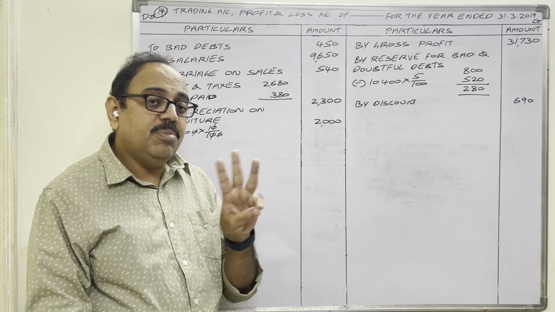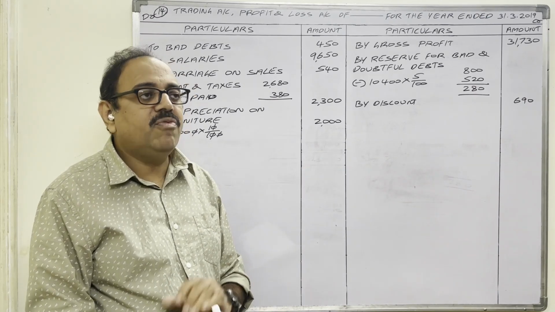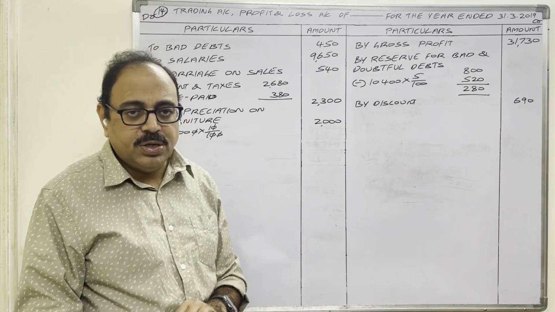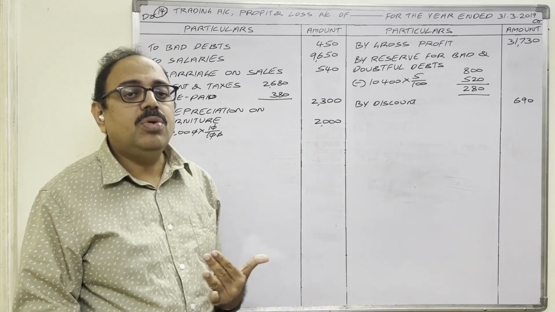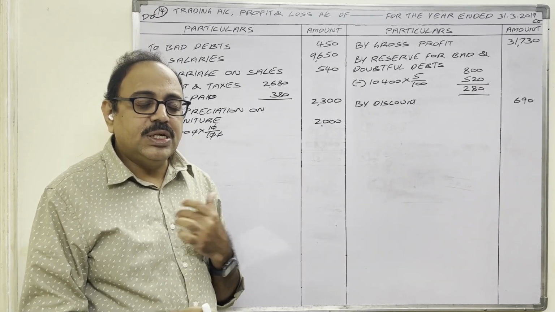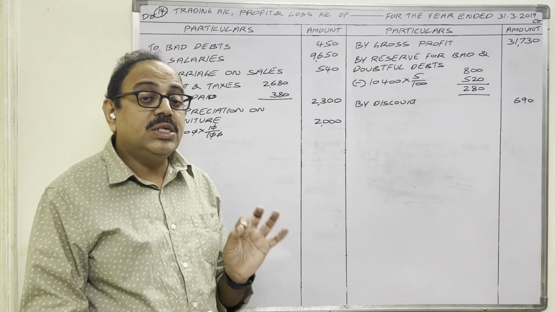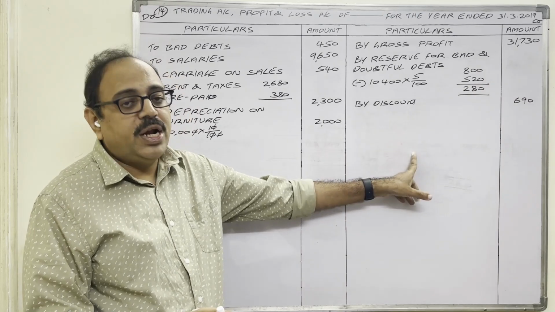Suppose we have taken 3 months time, and before the due date only, we paid that money, say after 2 months. So to encourage us, the creditor may give us a discount for this early payment. So to the firm, this is a gain. Discount received from creditors is a gain. Credit side, we should write that.